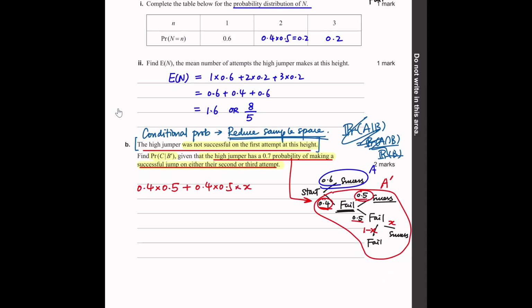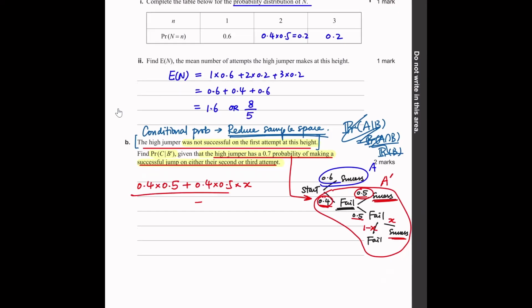Times X plus, do I need to add? No, just a second or third success over, let's say, 0.4, okay?